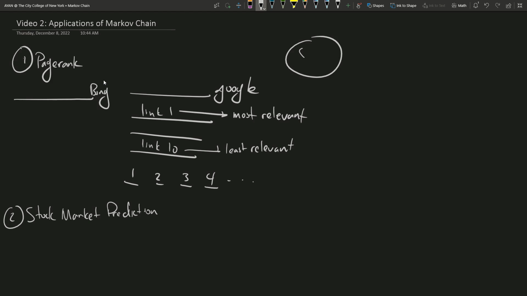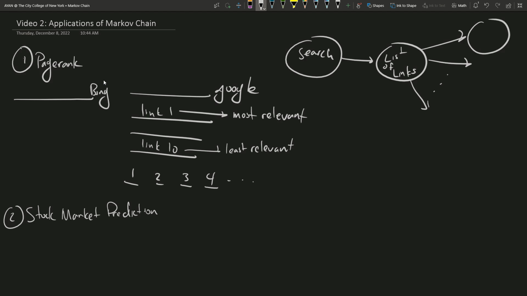So you make your search, then it executes, then you have a list of links, the list of hyperlinks that you see, and then you can click on those various links, 1, 2, all the way down to 10 or more. Just for the sake of argument, we'll keep it to 10. And then each link has its own separate node here that you could scroll to.